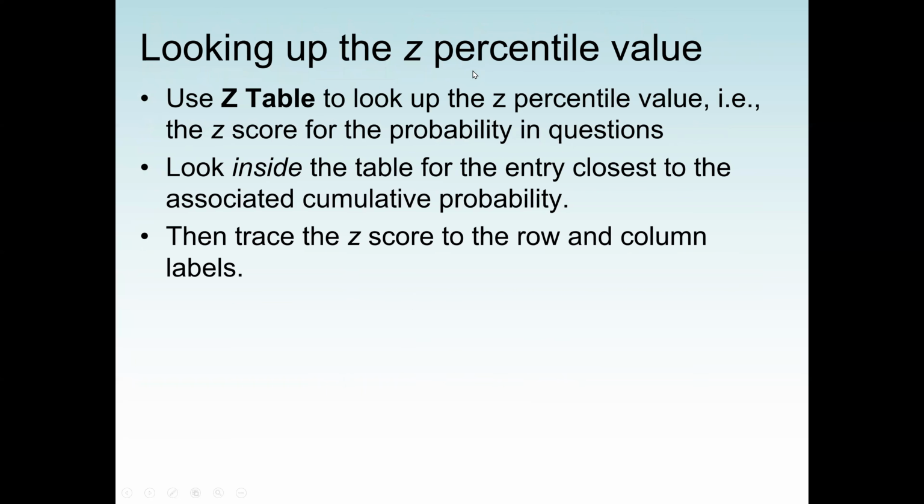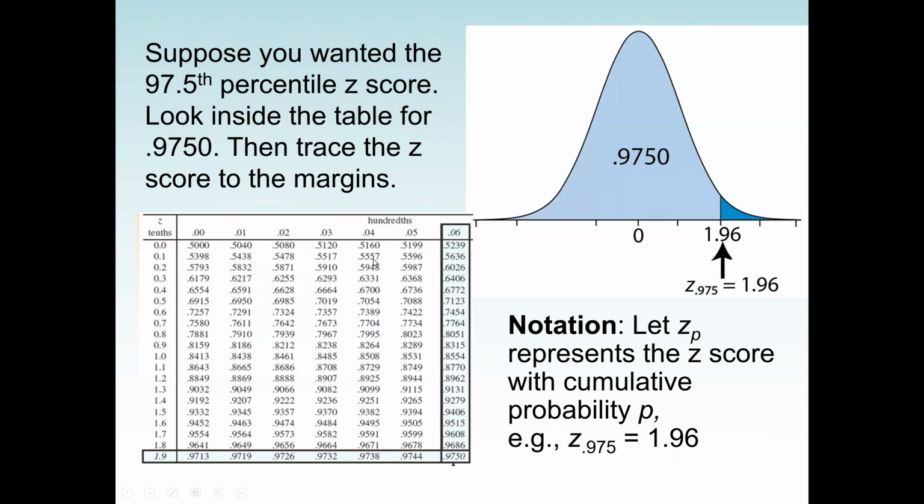So we have to look up the z percentile value. In this case, when you go to the table, for example, they give me the p-value to be 0.5871. So what would be the z value? I will look to my left. My left is 0.2, and at the top is 0.02. So for 0.6255, the answer will be 0.32.